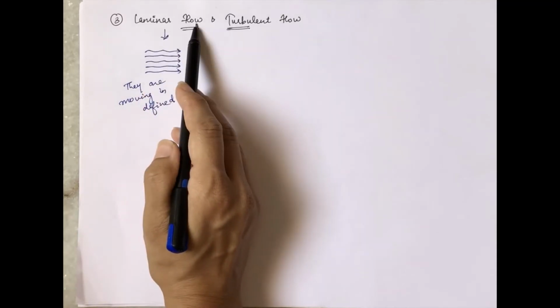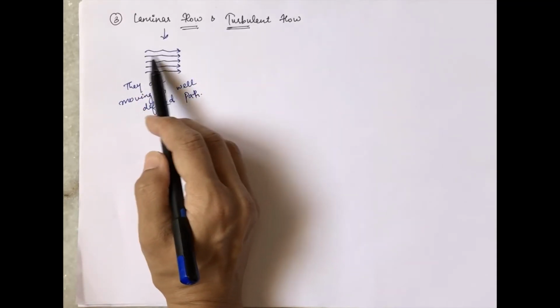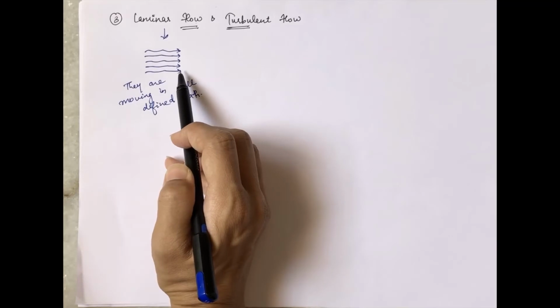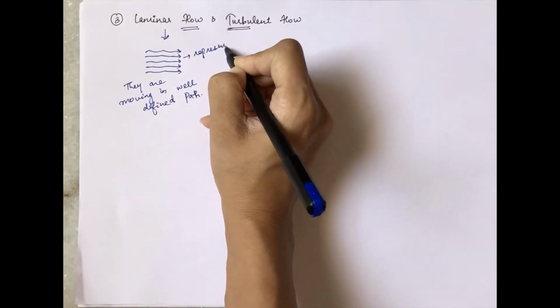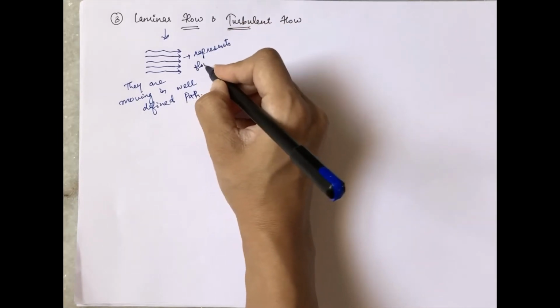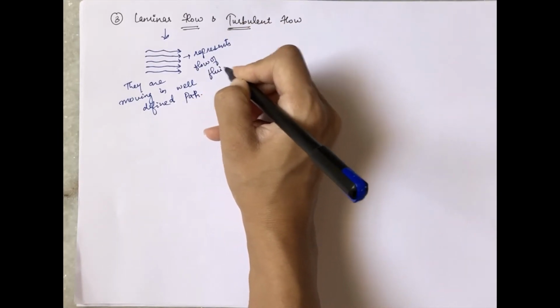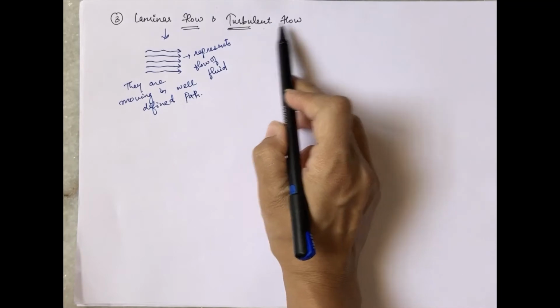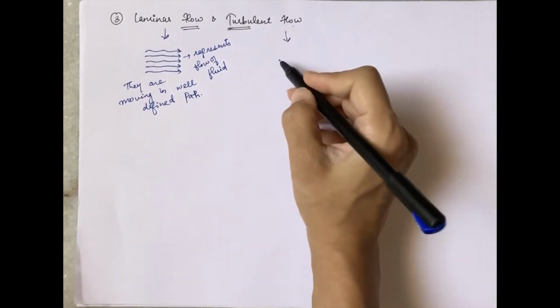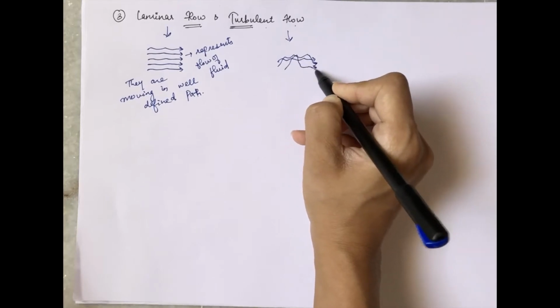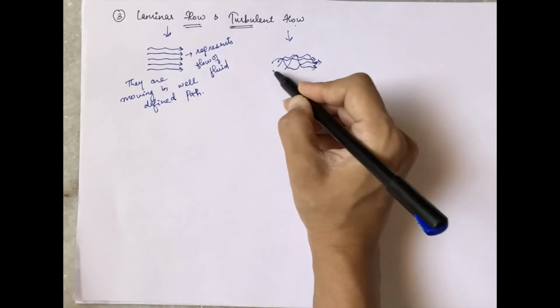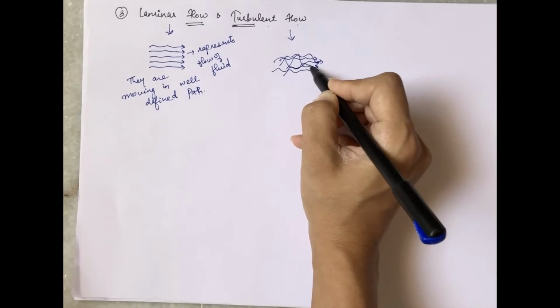So it is known as laminar flow, and these are the streamlines representing the flow of fluid. And if the flow is turbulent flow, then in this case, these streamlines will not be parallel to each other. They will move in a random and zigzag manner, as you can see.